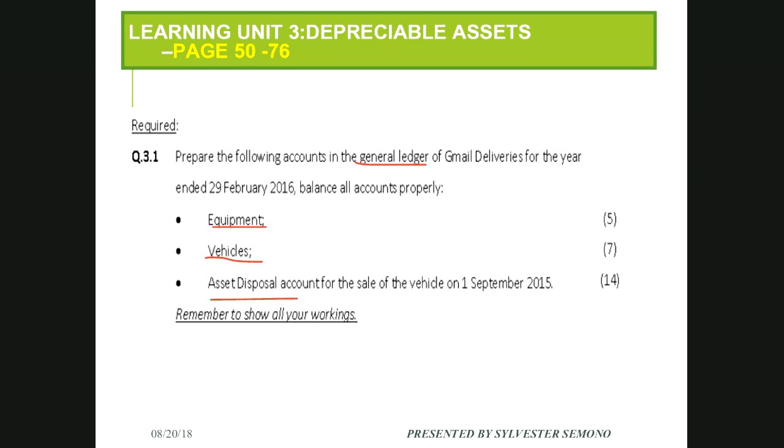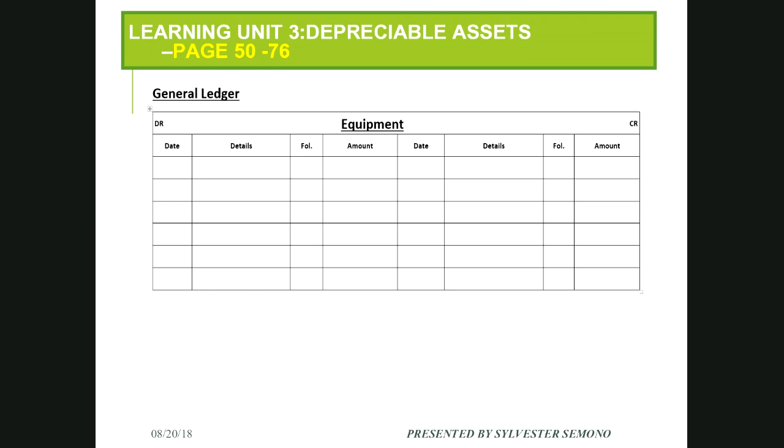Now, the first thing that we need to record is what we call the balance brought down at the beginning of the year. Did you get me? If you check here, for example, let me go to the next slide. What is the first account that we need to open? It is equipment. But we need to check, when we began this period, did they give us any balance of equipment? Yes, they did. Do you still remember the balance?